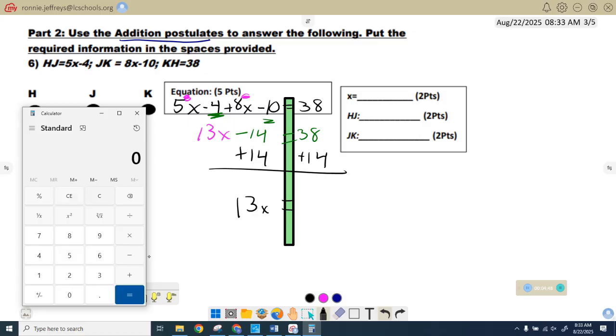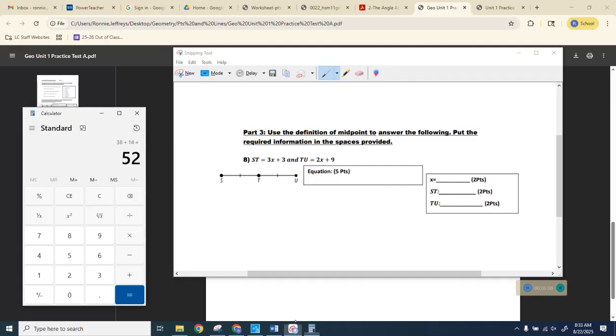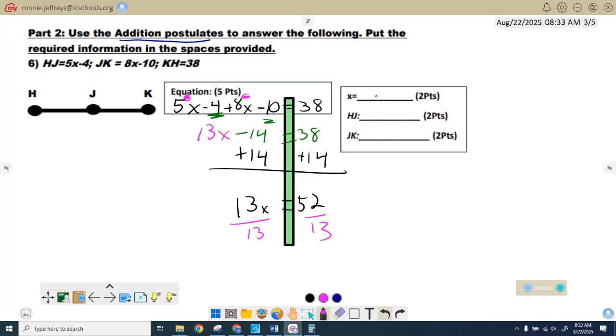It's from Shrek. All right. So we divide. So we get 4. So x is 4.